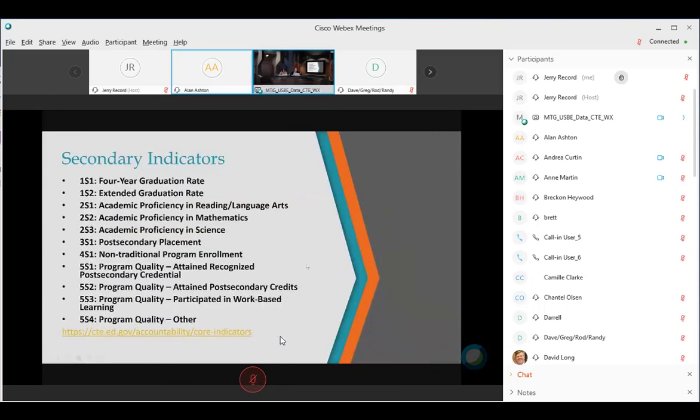There we go. We've been talking about data today, and I'm just wondering if any of you have any feelings about the program quality indicator and which of those options seem the most appealing to the group.